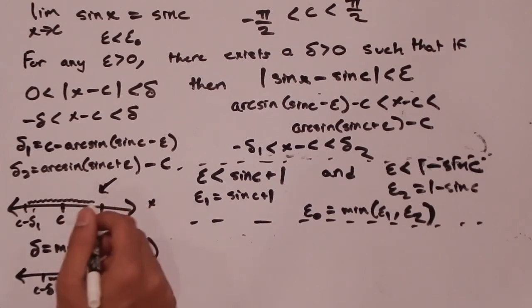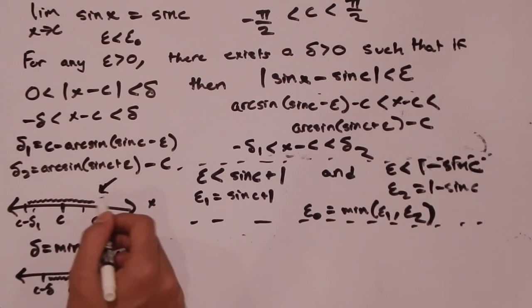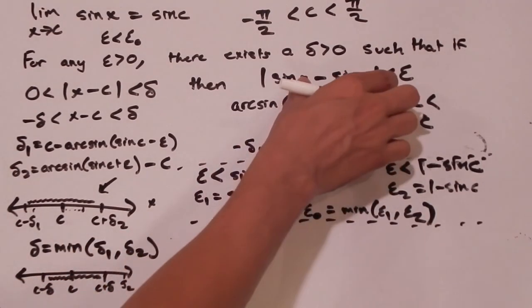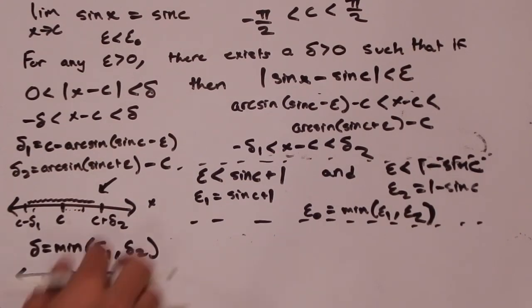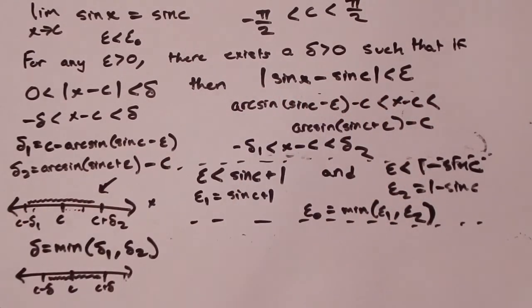Then maybe all the x values all the way up to delta 2 worked, but that means the ones that stopped right here all the way up to here still worked as well. So if delta 2 is out here, all the values up to delta 1 length this way, and delta 1 length this way, will still make it so this inequality holds. So by picking that minimum delta value, we've defined a range of x values around c such that when we plug in those x values into this equation right here, the absolute value of sine of x minus sine of c will be less than epsilon.